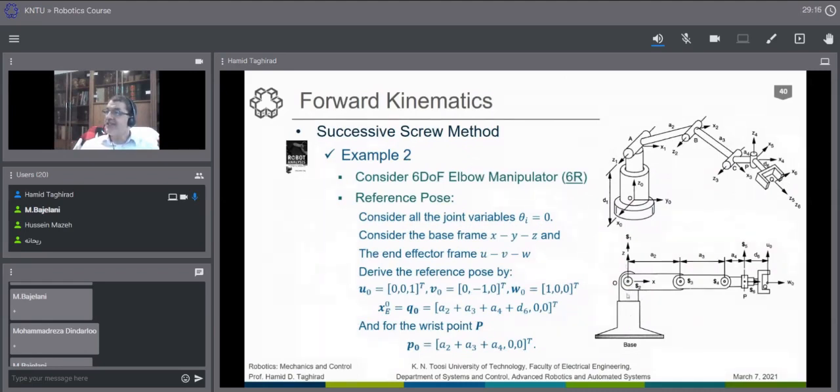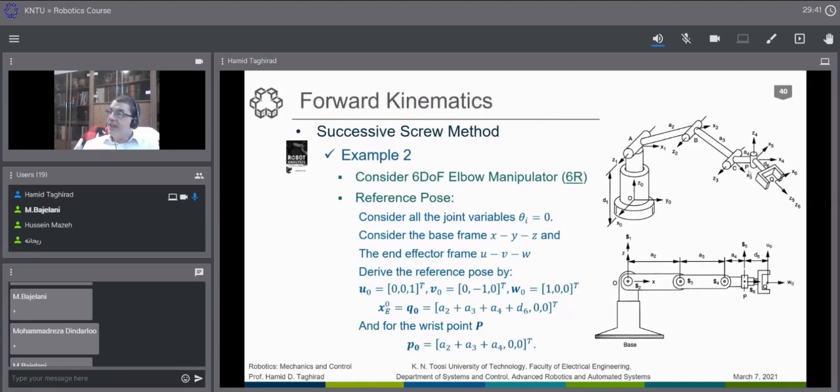As you see, the first one, we have an out of plane orientation or rotation here. So the screw 1 is this way. The other screws are all out of the plane. S2 is here, S3 is here, and S4 is here. And then we have this wrist position. And the wrist position, as I mentioned, is usually the ZUZ.